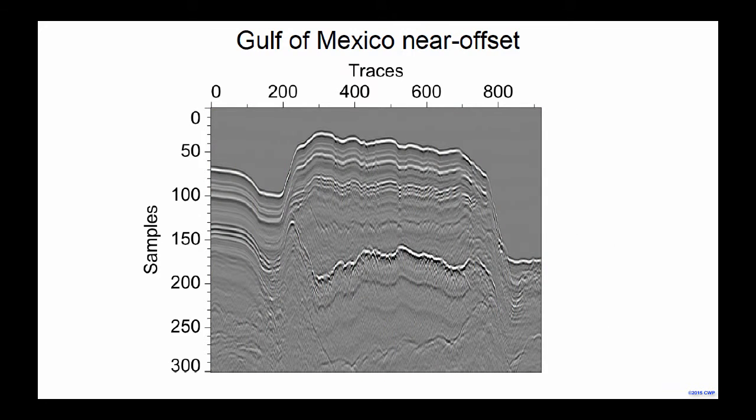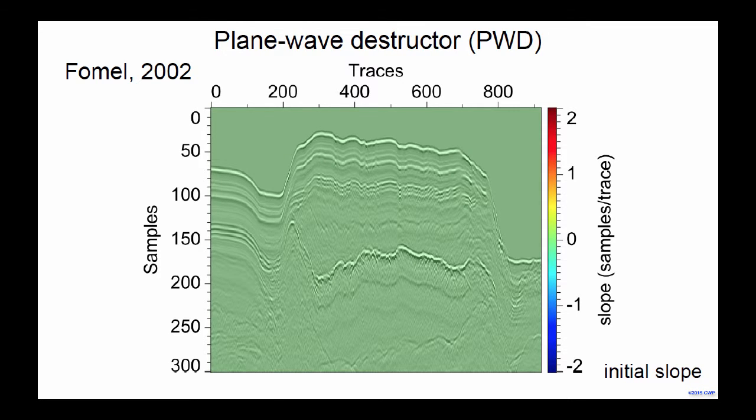Okay, so let's shift gears a little bit. Let's remove the slope image, and let's take a look at how the plane wave destructor method estimates slopes in an image. The plane wave destructor method takes a Gauss-Newton approach to solving a nonlinear minimization problem for slope updates. We do this iteratively for a user-specified number of iterations.